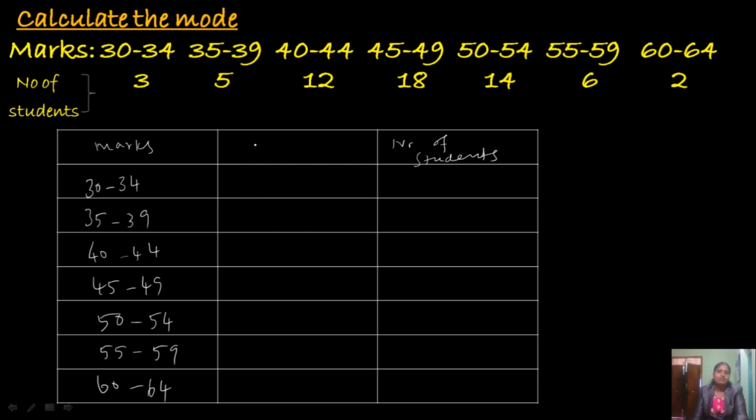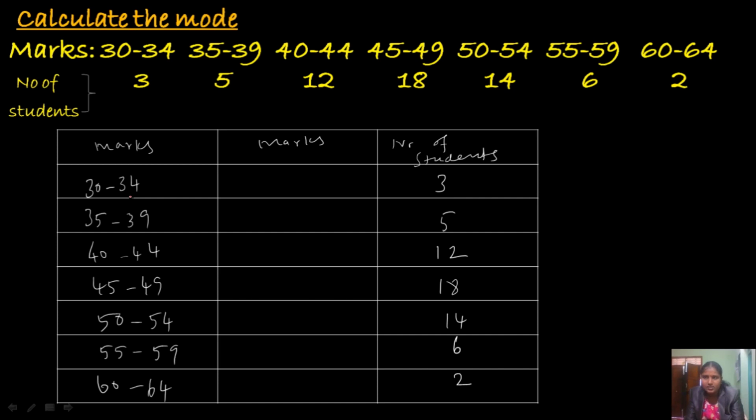Then how to convert the class intervals into continuous class intervals? We just follow a small procedure. The number of students here are 3, 5, 12, 18, 14, 6 and 2.